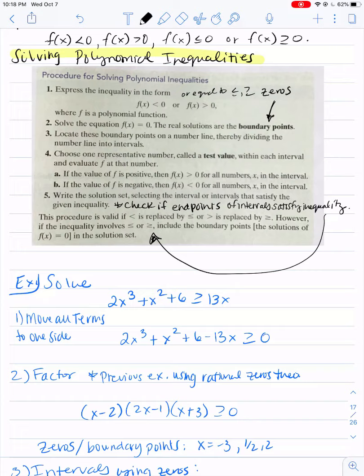If the value of f is positive, then f of x is greater than 0 for all numbers x in the interval. If the value of f is negative, then f of x is less than 0 for all numbers x in the interval. Then we write the solution set, selecting the intervals that satisfy our given inequality using our table of test values. Then we check if the endpoints of the interval satisfy the inequality, and if they do, we use brackets instead of parentheses to include the endpoint.